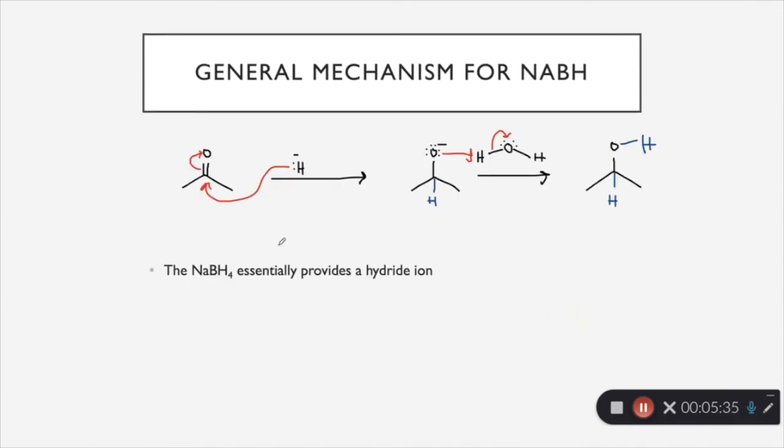So we kind of just went through this, but the NaBH4 essentially provides you with a hydride ion. That hydride ion attacks the carbonyl carbon, pushing the electrons up, leaving you with an oxygen with an extra lone pair and a negative charge. And then you have water or acid, and that will protonate this oxygen, giving you in this case, the secondary alcohol.